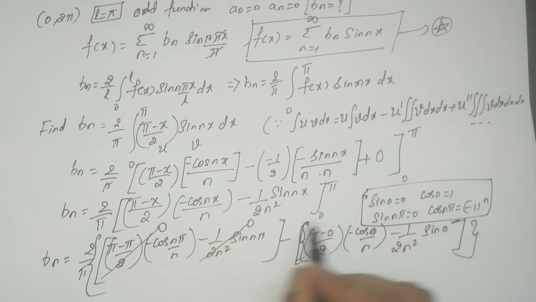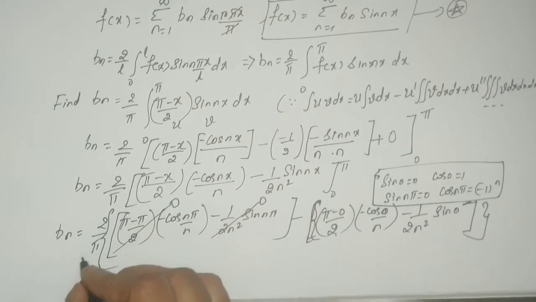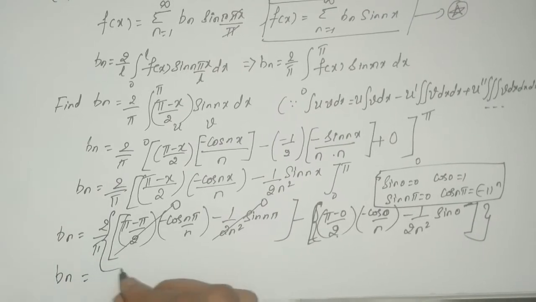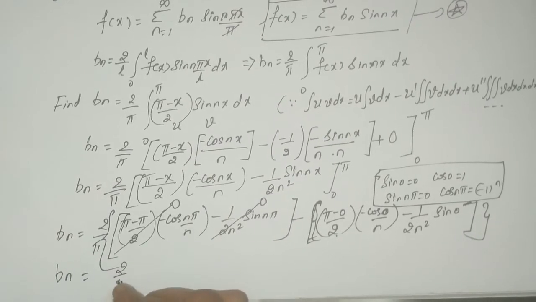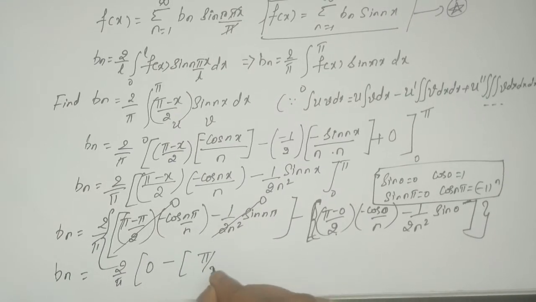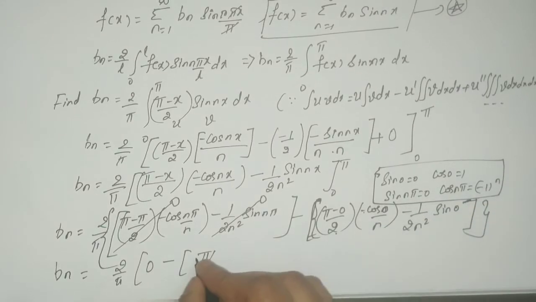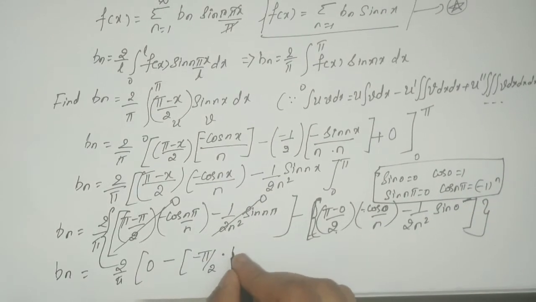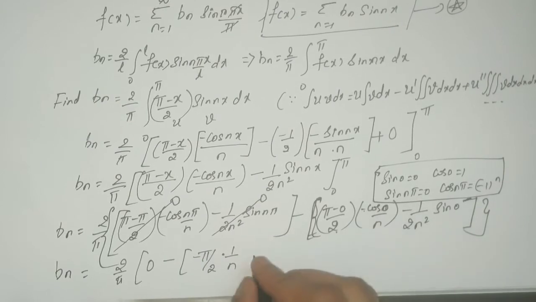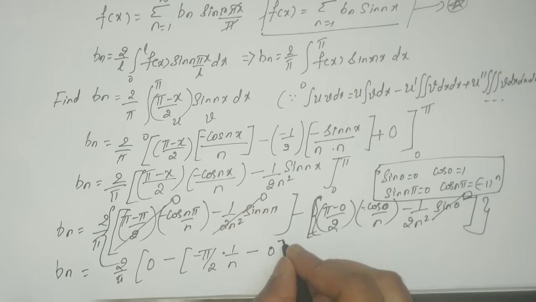Minus the lower limit, wherever x is there you replace it by 0: pi minus 0 by 2, so I can write it as pi by 2. First term is 0, so 0 minus, I have pi by 2 here, minus cos 0. What is cos 0? It is 1. So it is minus 1 by n.